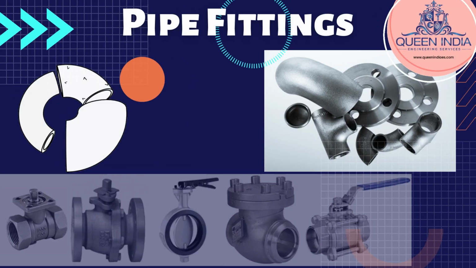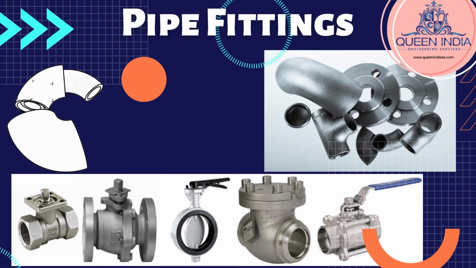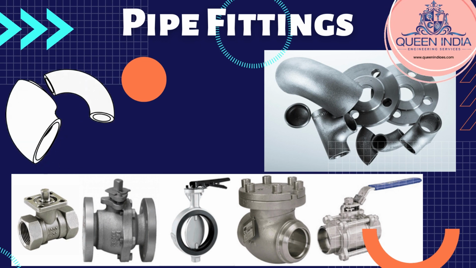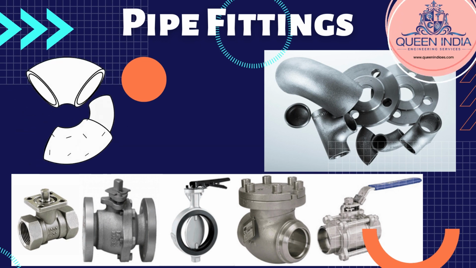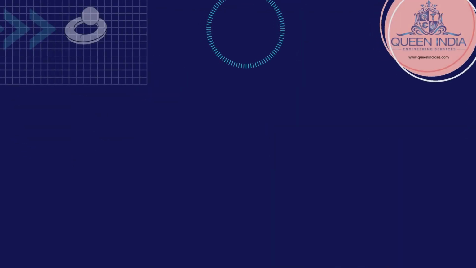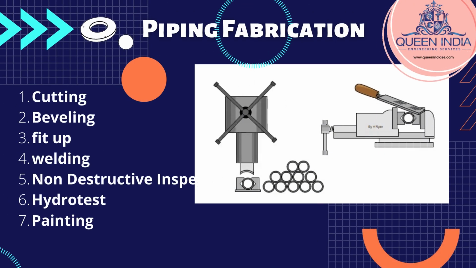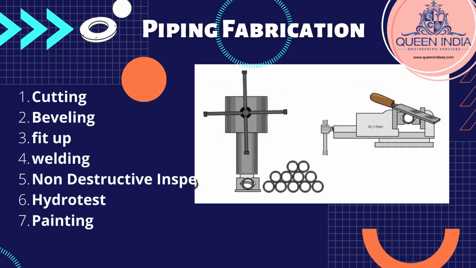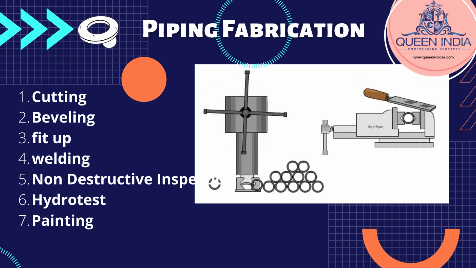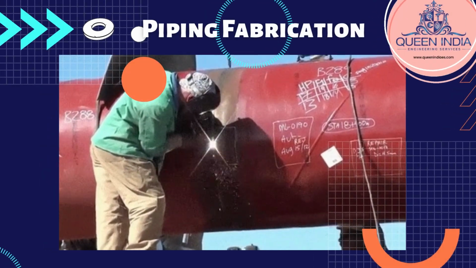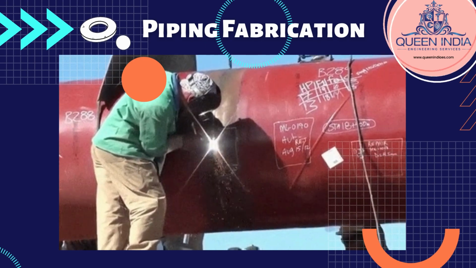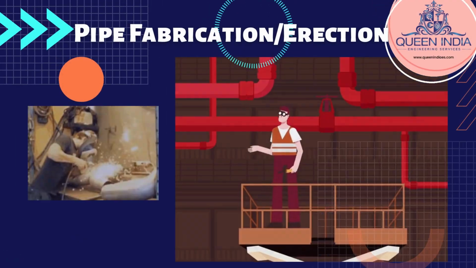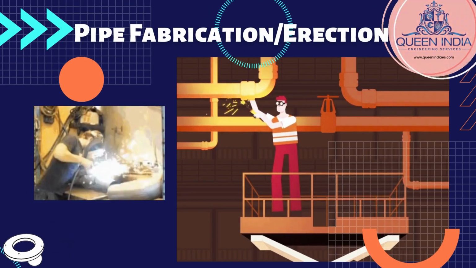The fabrication cannot be completed without pipe fittings like elbow, T, flanges, end caps, etc. The pipe spool fabrication consists of several steps like cutting, beveling, cleaning, welding, NDT, hydro test, and the final step is painting.